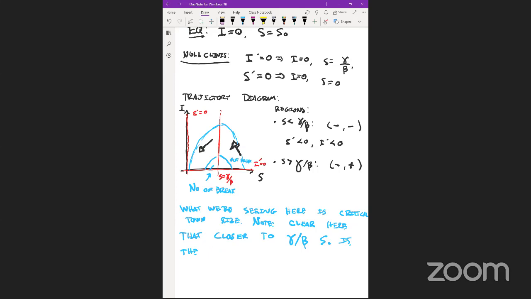The fewer total people will get sick. This is, of course, in parentheses, given a fixed number of initial infected.